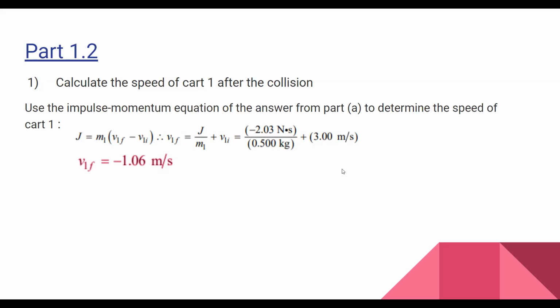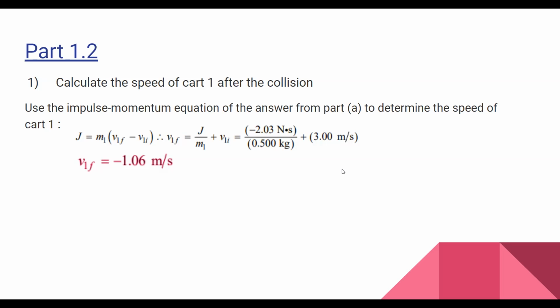And then thus you just isolate V1F by dividing by M1 and then adding V1 initial. And we already know all of these variables. J is negative 2.03 from the previous part. M1 is 0.5 and V1 is 3.